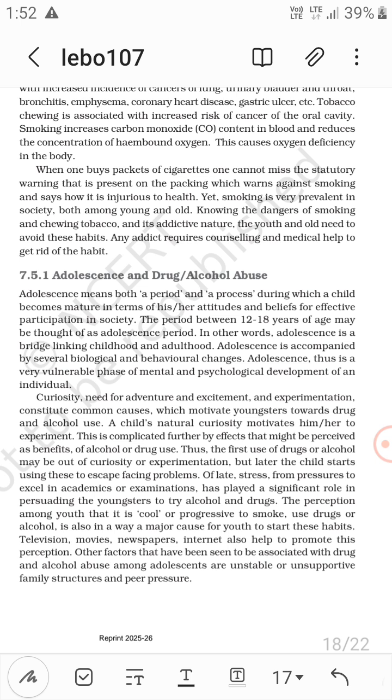Adolescence thus is a very vulnerable phase of mental and physiological development of an individual. Curiosity, need for adventure and excitement, and experimentation constitute common causes which motivate youngsters towards drug and alcohol use.